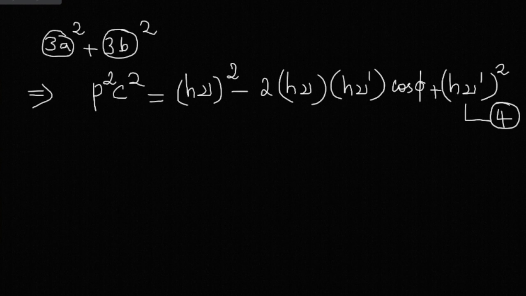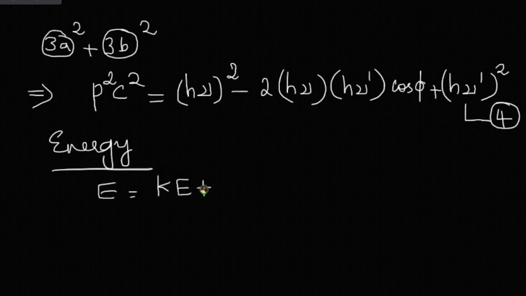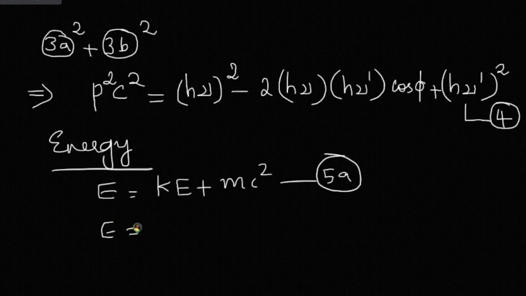Now moving on to equating the two expressions for the total energy of a particle, we have the equations for energy. Energy is given by kinetic energy plus the rest energy, which is mc square. Also, energy is given by the expression root of m square c raised to 4 plus p square c square.